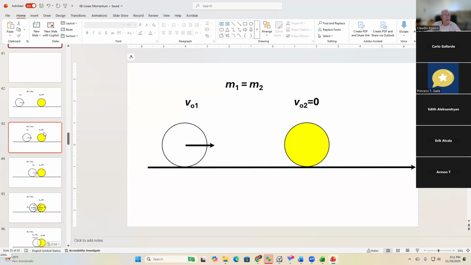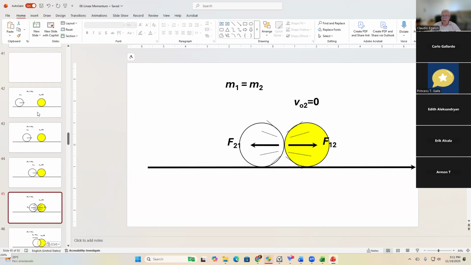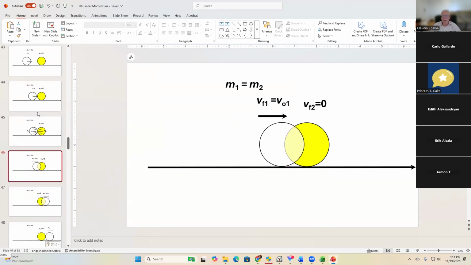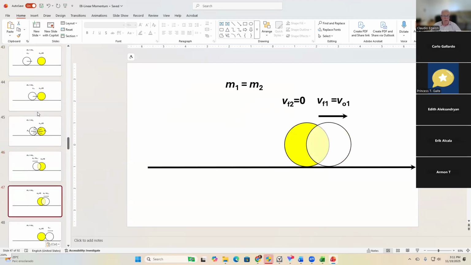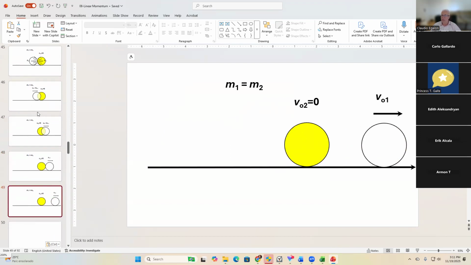Basically, it's telling us that the first object approaches the second object, makes contact with the second object, and then it says that the first object passed through the second object, just like a ghost. Because the final velocity of 1 must be equal to its initial velocity. That's what this mathematical solution is telling us.